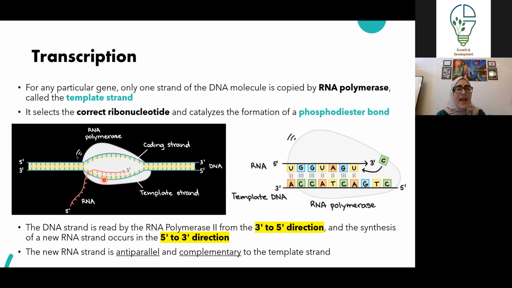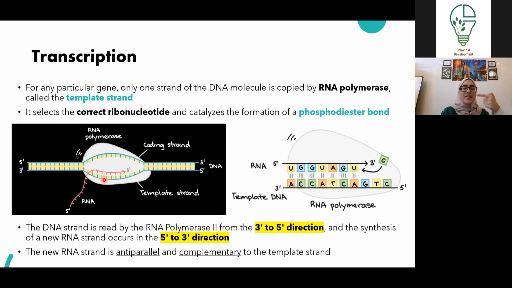What about the strand that it's producing? Ultimately the RNA polymerase is reading the template strand and adding nucleotides to its own strand that it's forming. As it goes along, it keeps reading and it keeps adding, right? So when it's adding, what order is it adding in? It is adding in the 5' to 3' direction.